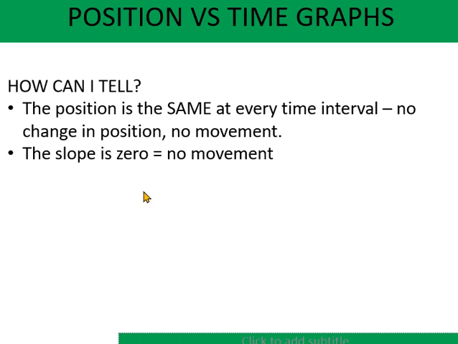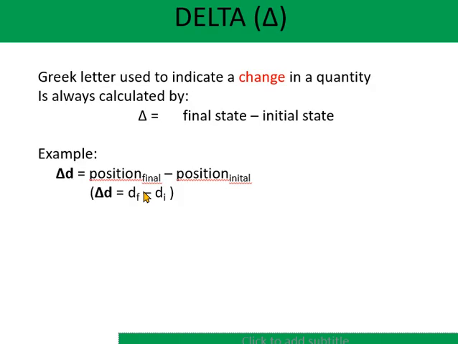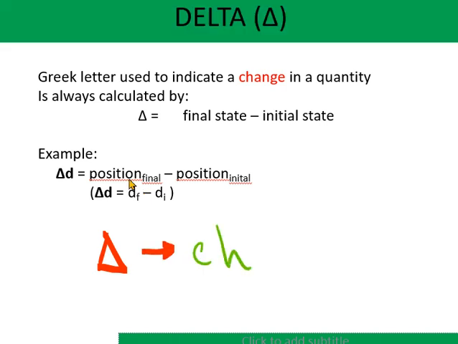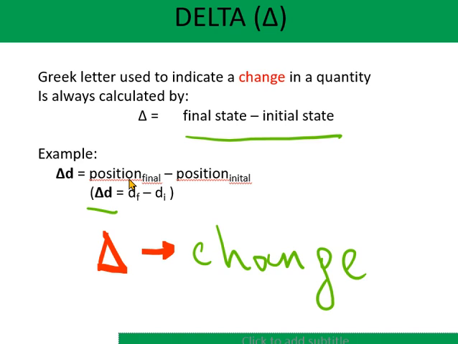Okay, let me continue. The sign delta. In mathematics, physics, and other sciences, you can see something like delta. Delta means the change. For example, you see here delta D, the change in the distance, or the change in position: D final minus initial.